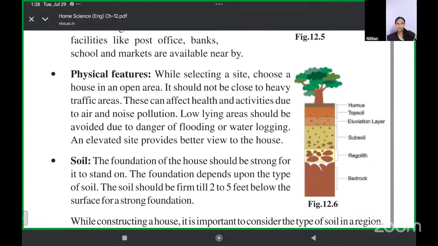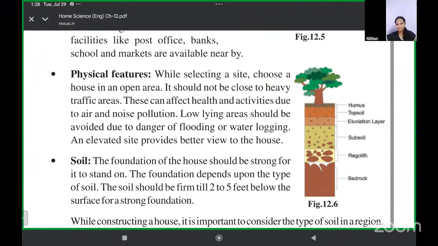There will be a lot of noise all the time, and pollution from the vehicles. So it can affect health and other activities. Also, low-lying areas should be avoided because flooding can happen there. If heavy rainfall occurs, they get flooded. Water logging happens, as water gets collected in one place. So you should avoid that.